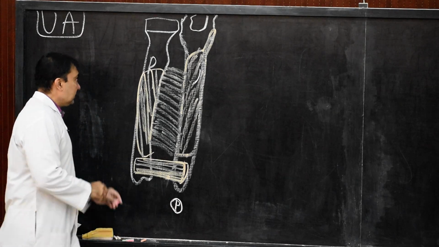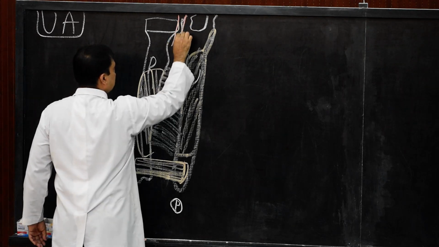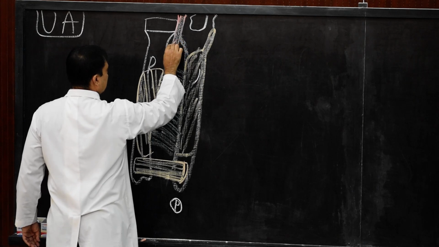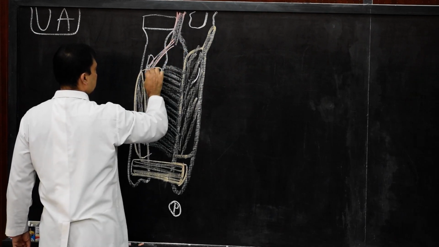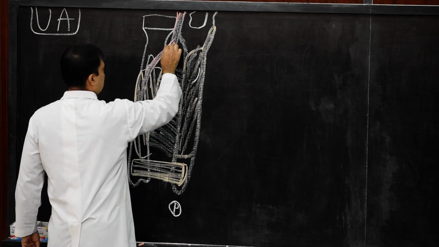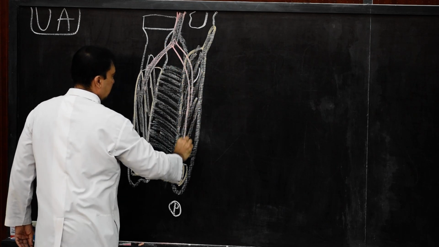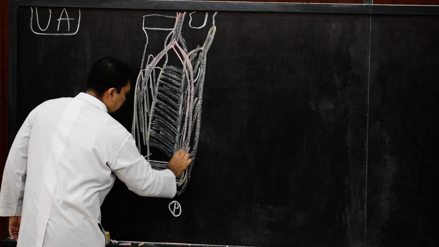Now, our ulnar artery: here, this will be the brachial artery stem, and then it is dividing into this radial branch and over here, this ulnar branch. So this is the ulnar artery.